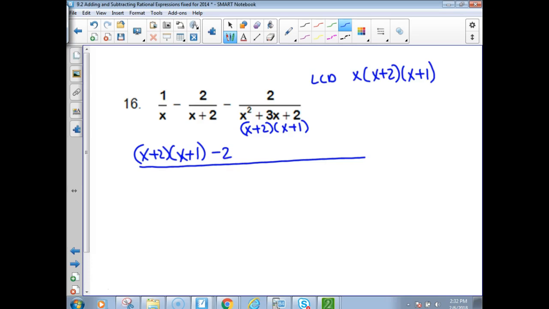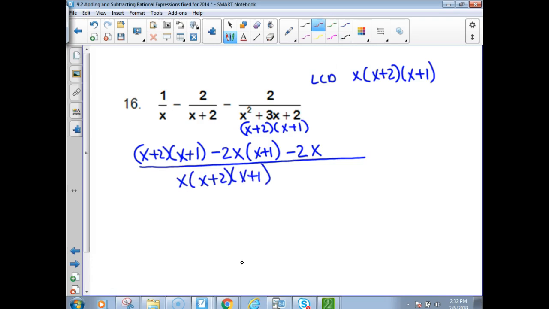Minus 2 times, the second one doesn't have an x in its denominator, and it doesn't have an x plus 1. Minus 2. The third one doesn't have an x, so you multiply it by an x. And the denominator is the whole LCD.